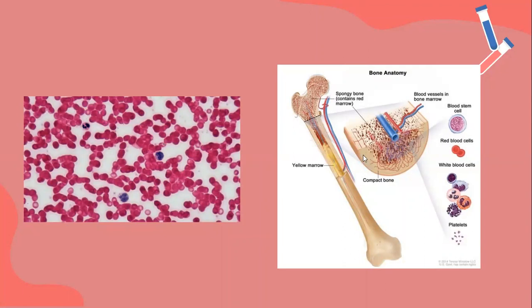And then in this picture, we discussed bone anatomy in our skeletal system class. The blood is actually produced within the bone, and there's something called red marrow, also called bone marrow.